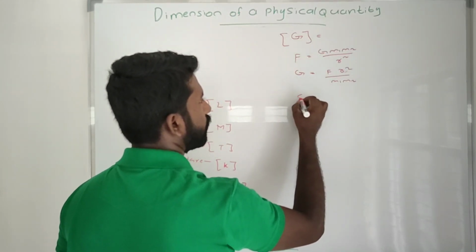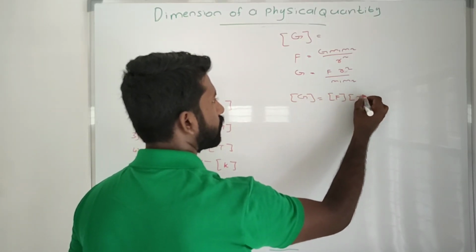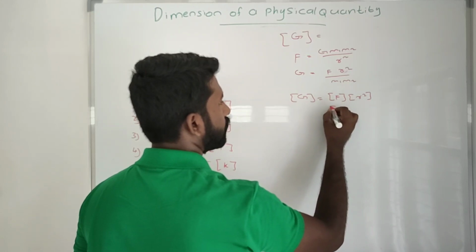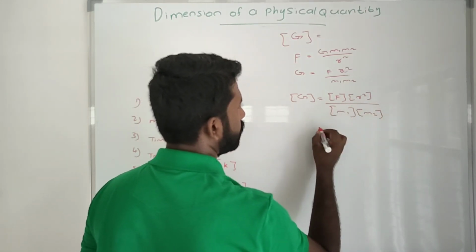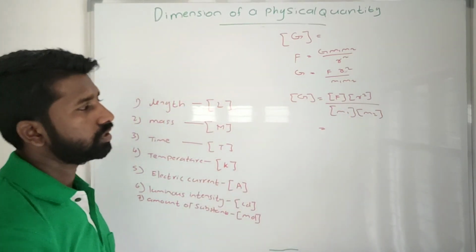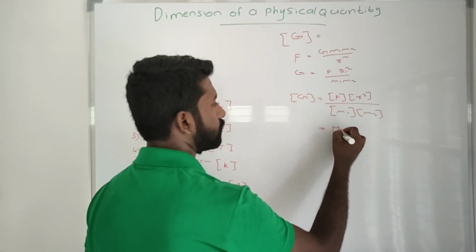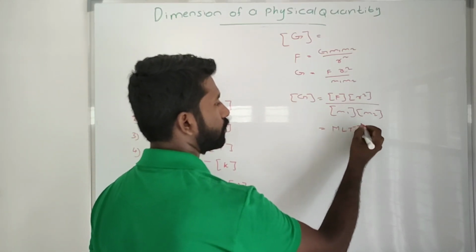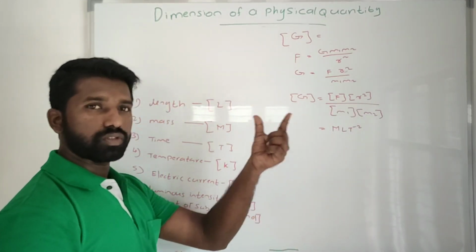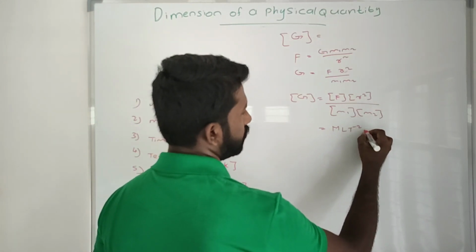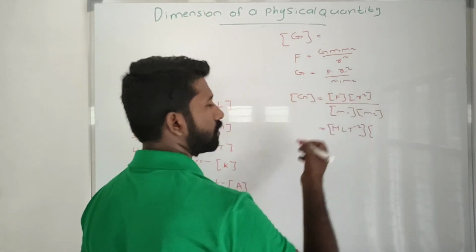Okay. So if I need to find out the dimension of G, you take the dimension of force, dimension of r square, dimension of m1 and dimension of m2. What is the force dimension? Force is equal to mass into acceleration. Mass into acceleration means M L T power minus 2. L T power minus 2 is the dimension of acceleration, that is velocity divided by time. And r is distance.